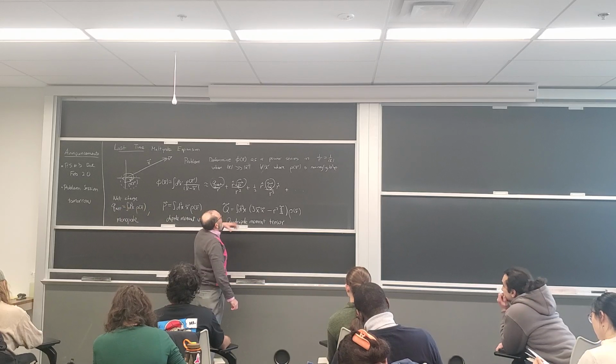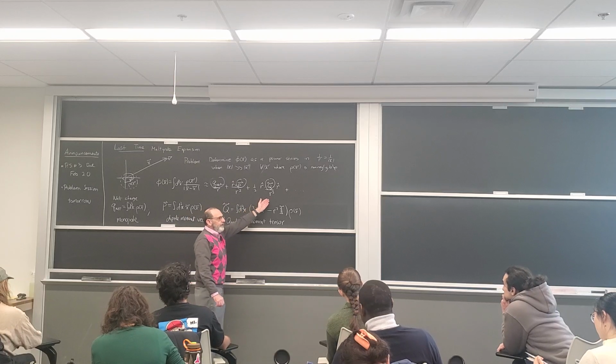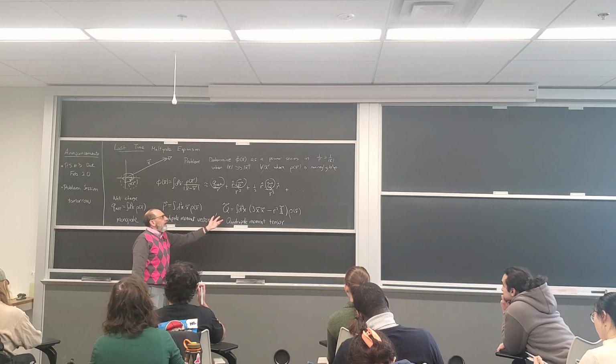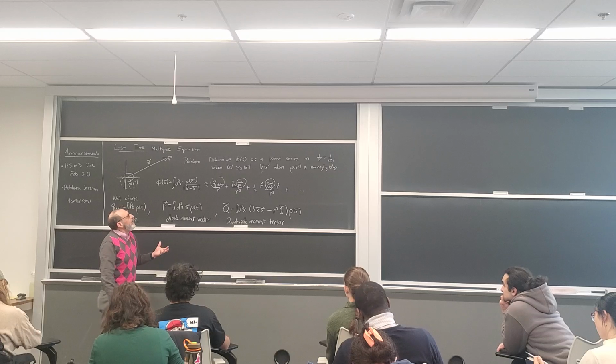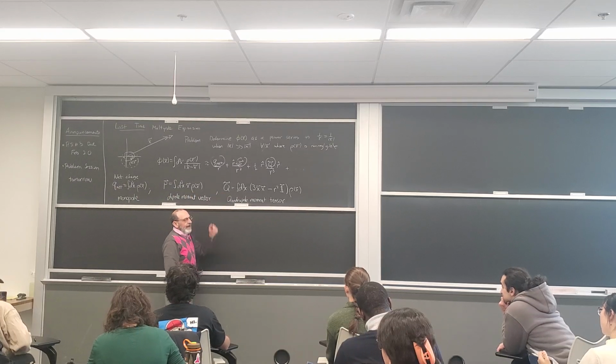And then the next term that falls off like 1 over r cubed is the quadrupole moment, and it's a tensor with, in principle, 9 components.